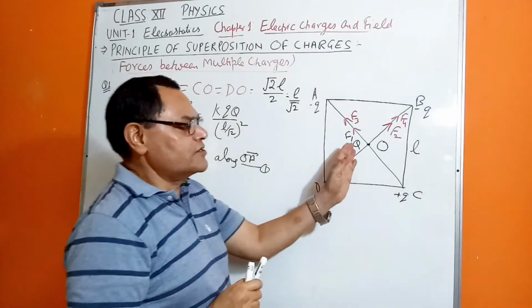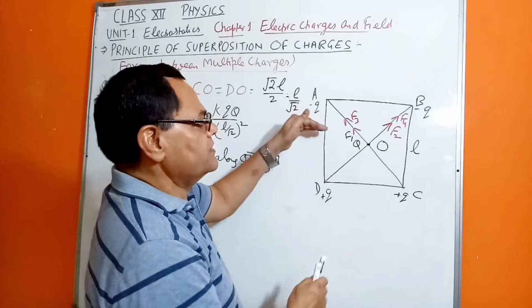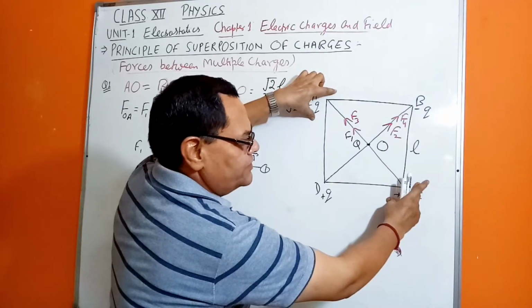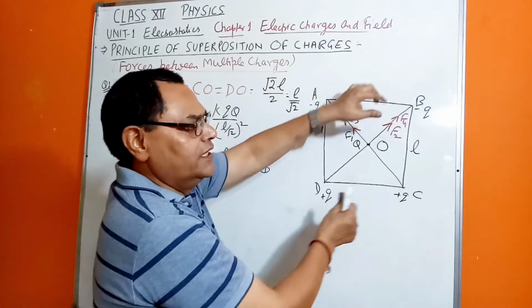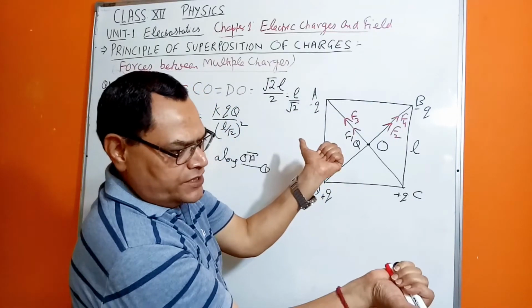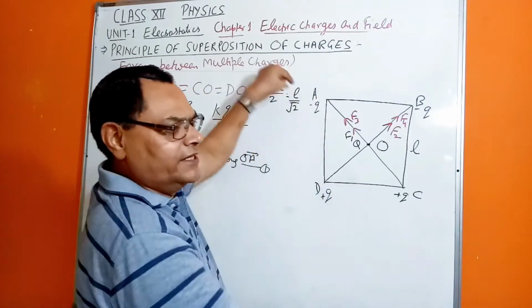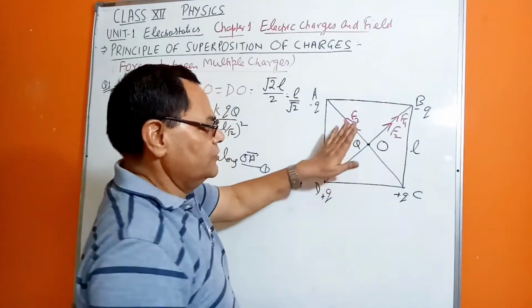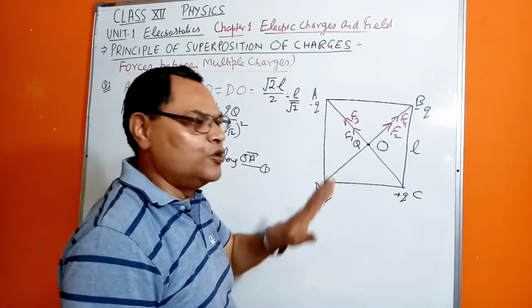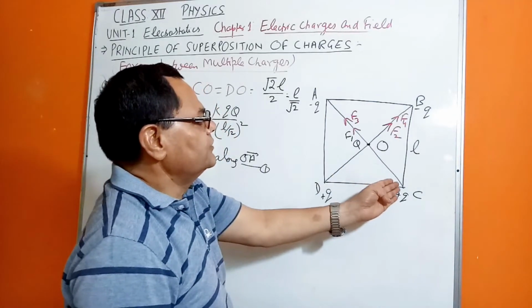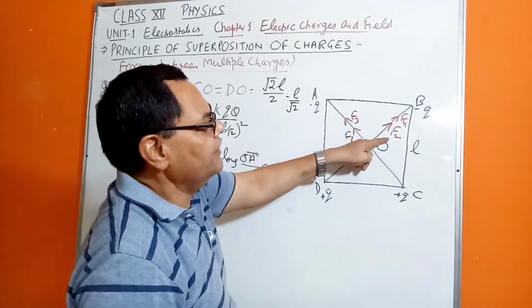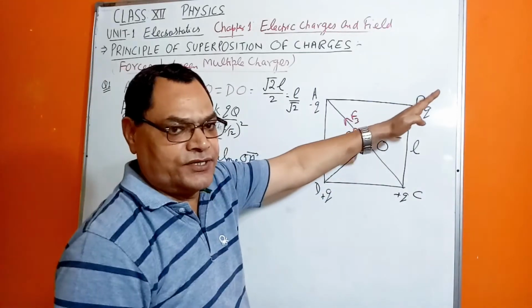Don't you find it so interesting? In the previous class, when the charges of similar nature, positive or negative, were opposite and equal, they were nullifying each other at this point, and this also. But do you find the same logic here? No. Rather, the two forces are pointing in the same direction here, that is F1 and F3, and F2 and F4 are pointing in the same direction.